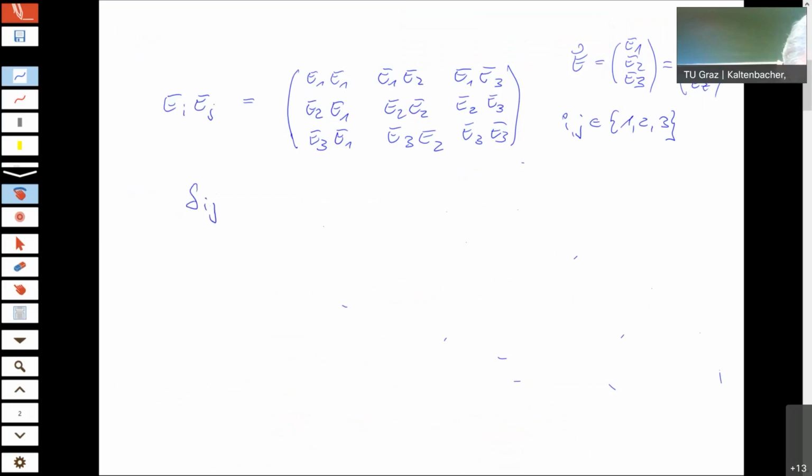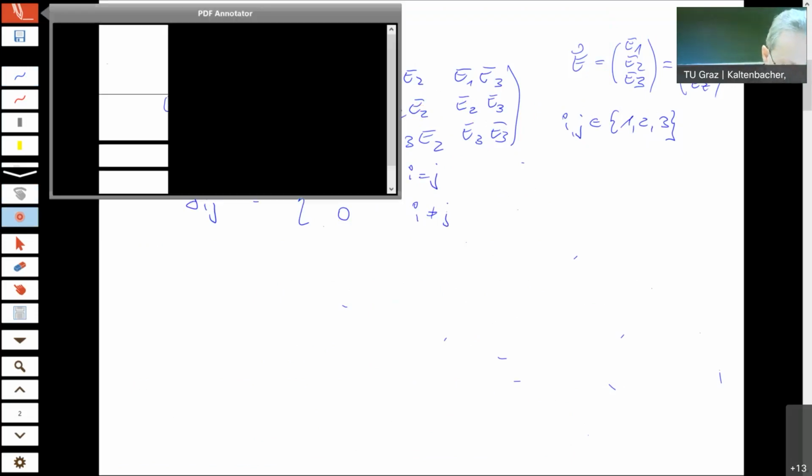So delta ij takes on the value of 1 if i is j, and 0 if i is different from j. So you see, this will just change what we have written down here on the diagonal entries. Yeah, the off diagonal entries, i is different from j, and so this will always be 0.